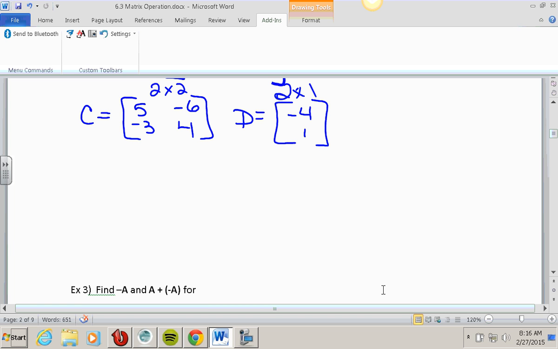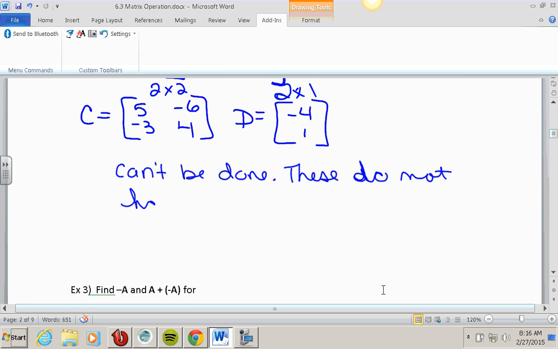One's a 2 by 2, one's a 2 by 1. So it can't be done. These do not have the same order. Alright, so there's adding, there's subtracting.